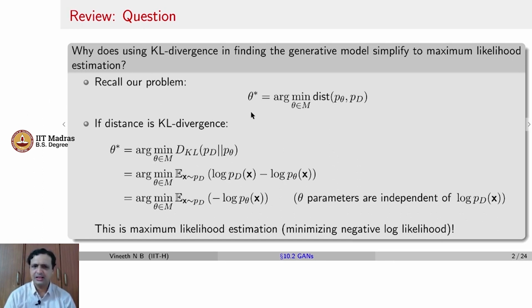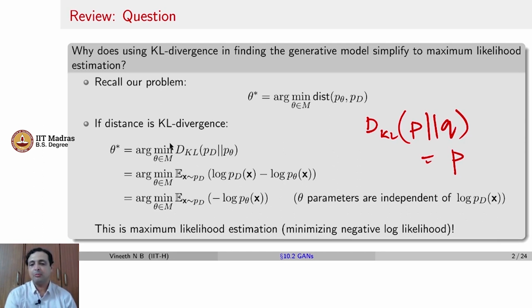If this distance is KL divergence, remember the definition of KL divergence: if you had two probability distributions P and Q, for simplicity, this is given by P log P by Q. That's the formal definition of KL divergence to recall.